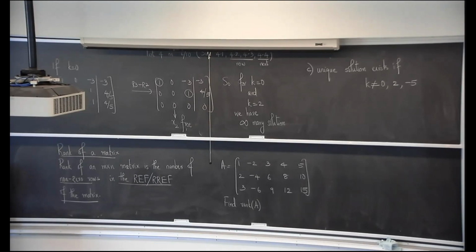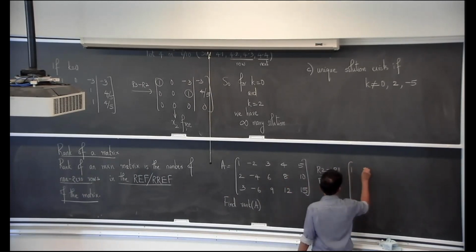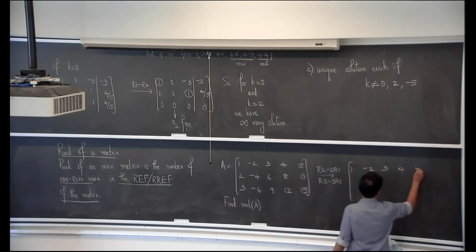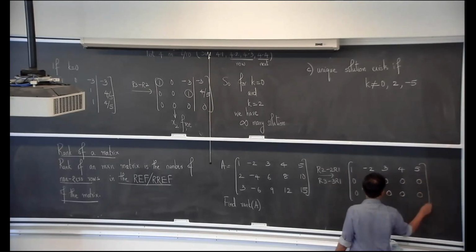All right, any answers? One. Somebody here said 1. Can people online agree or disagree? Agree? Okay, so the REF, I hope, is not too complicated. Let's do R2 minus 2R1 and R3 minus 3R1. That's 1, -2, 3, 4, 5, and my plan was to get a bunch of zeros here. And that is okay.